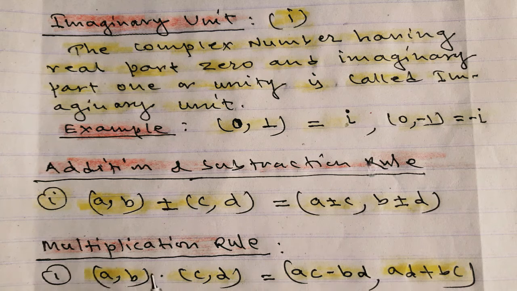Then imaginary part we get AD plus BC. That means we take the product of real and imaginary. Again we take the product of imaginary and real of the first two given complex number. So this is the multiplication rule. A comma B into C comma D we can write as AC minus BD comma AD plus BC. So this is the multiplication rule of complex number.